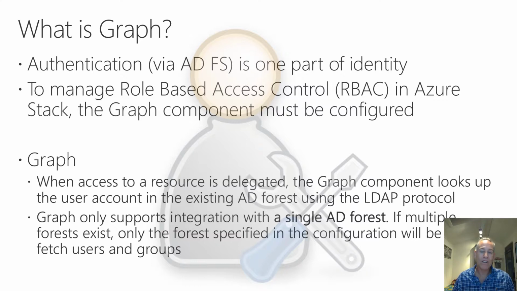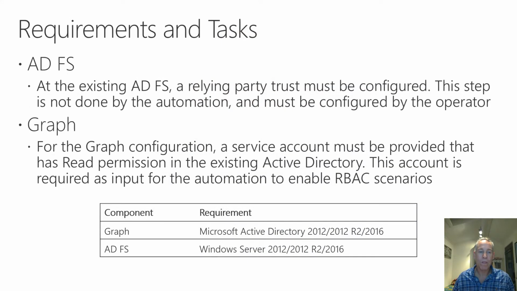That uses an LDAP call, as opposed to just the regular ADFS identity transition between the internal Active Directory and the ADFS that you're federating with. As we've said before, that only interacts with a single forest.